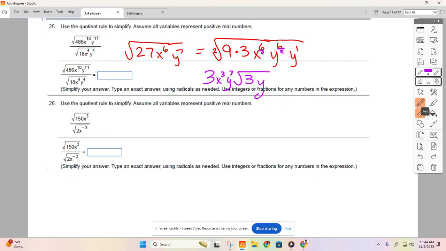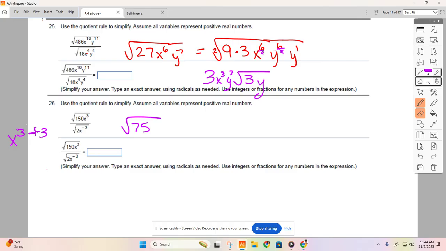All right, I'm ready. All right, let's divide 150 by 2. I get 75. All right, for this one, remember when you divide the common base, what you end up doing is subtract the exponents. 3 minus a negative 3 becomes 3 plus 3.